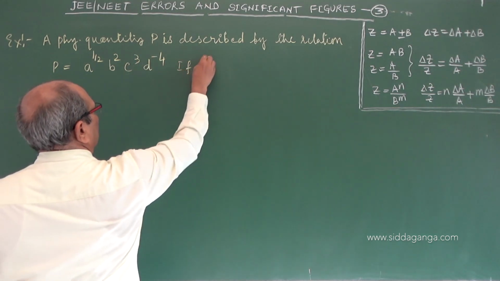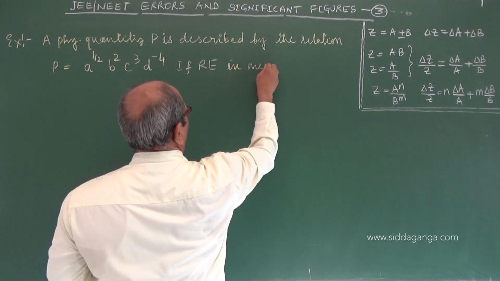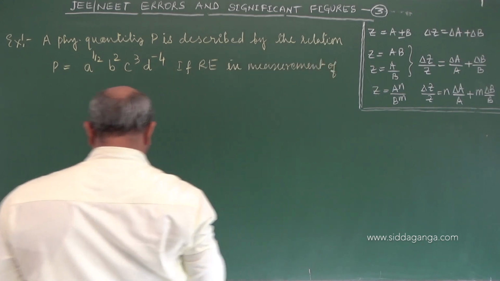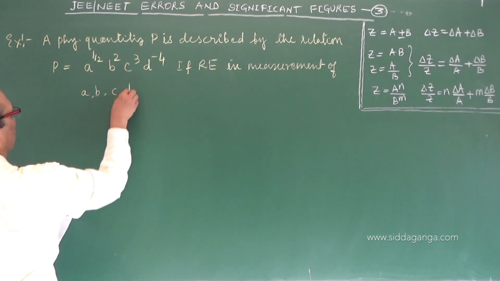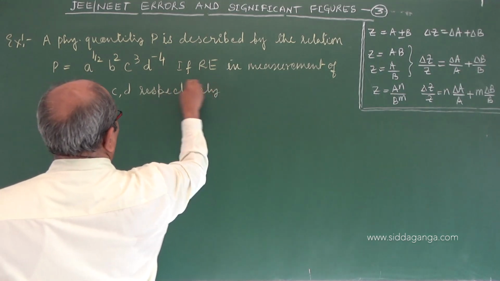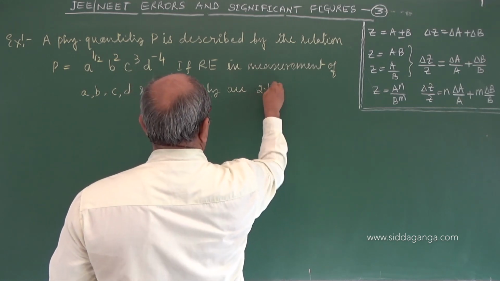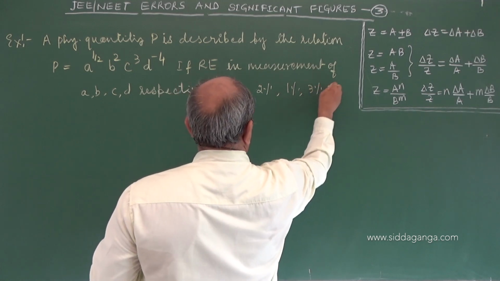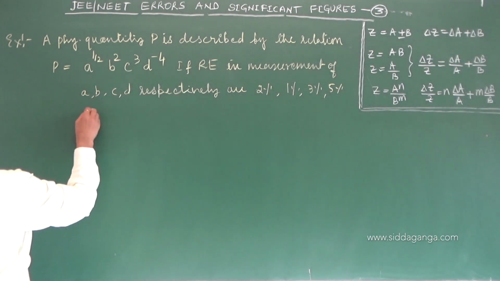If the relative errors in measurement of a, b, c, d respectively are 2%, 1%, 3% and 5%, then the relative error in P.